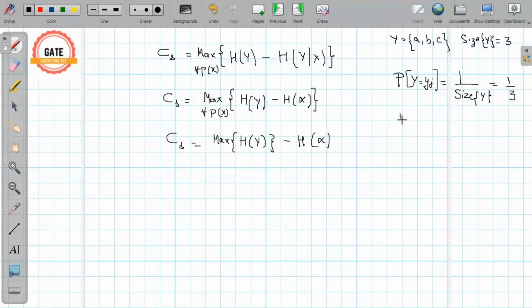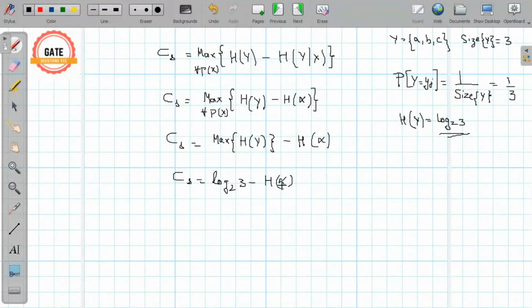Correspondingly, the entropy of Y will be log 2 of 3. So the capacity of this channel will be equal to log 2 3 minus H of alpha, where H of alpha is an entropy function.